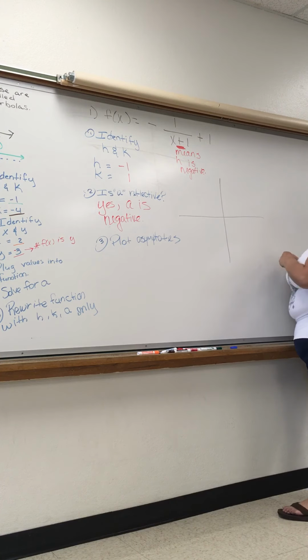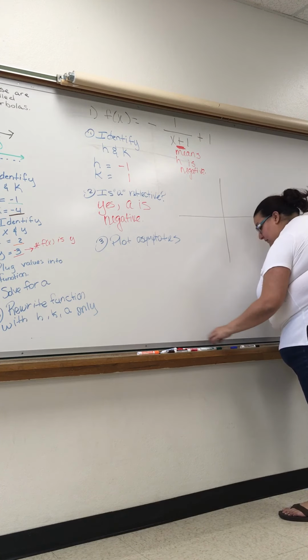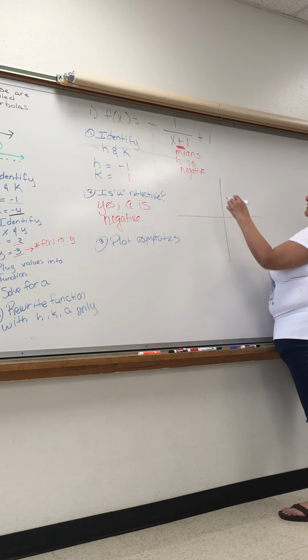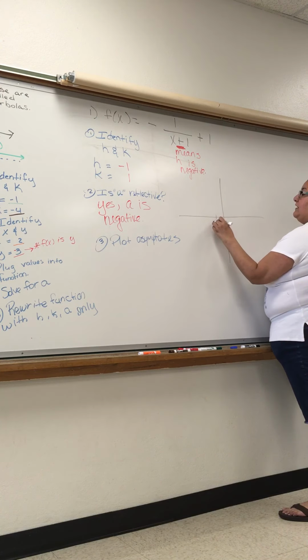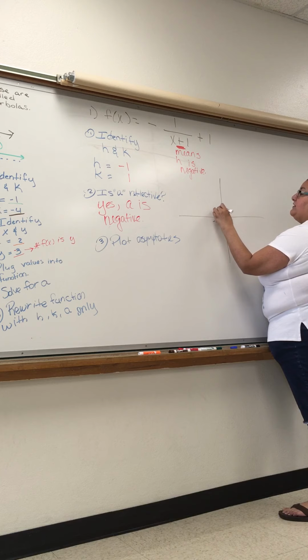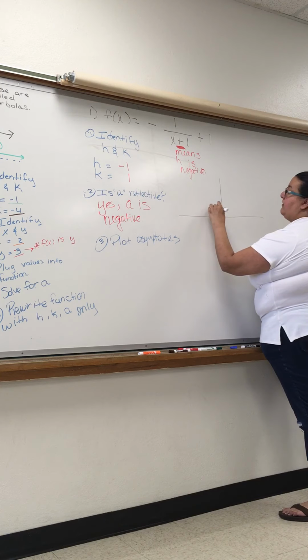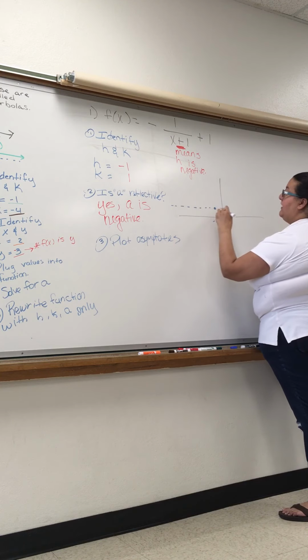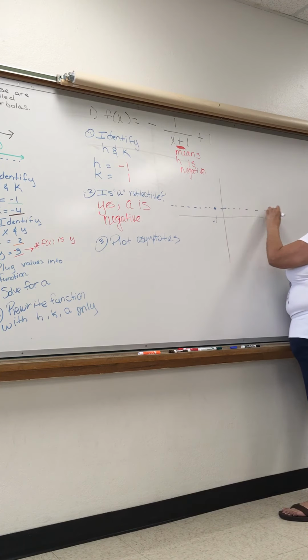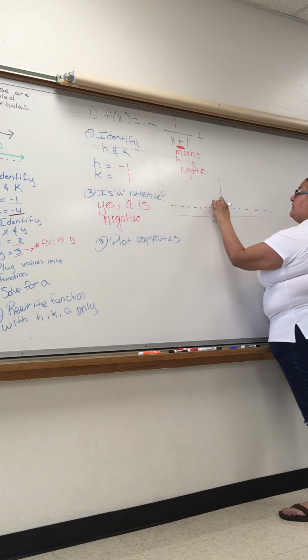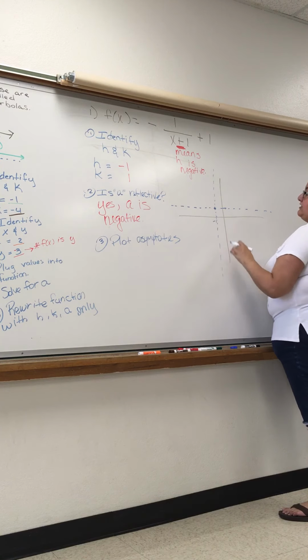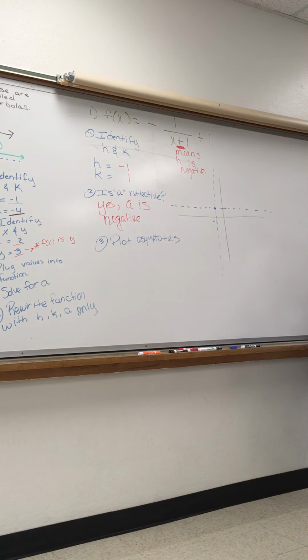So we want to plot negative 1, 1. h is negative 1, here's negative 1. k is positive 1, so right here. This is my asymptote. What that means is at this point I'm going to do a horizontal line right across where y is 1, and then I'm going to do a vertical line where h is negative 1. So those are my asymptotes.